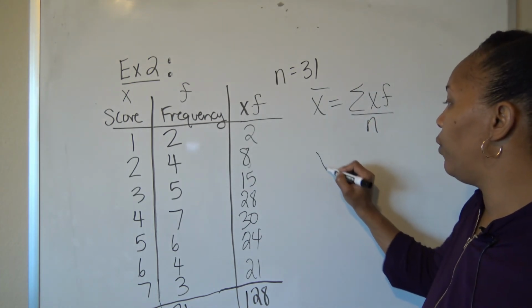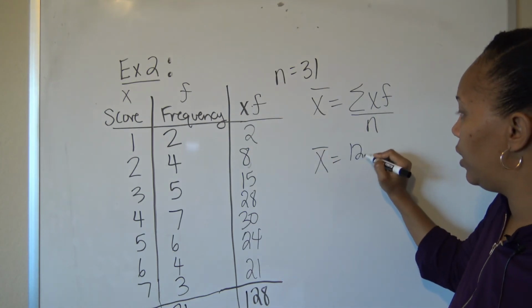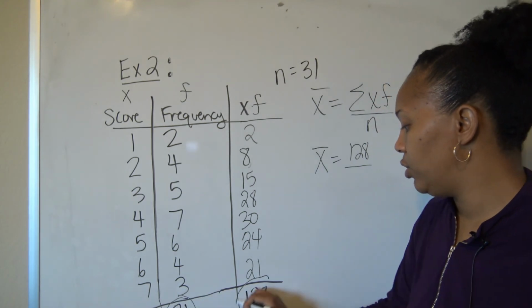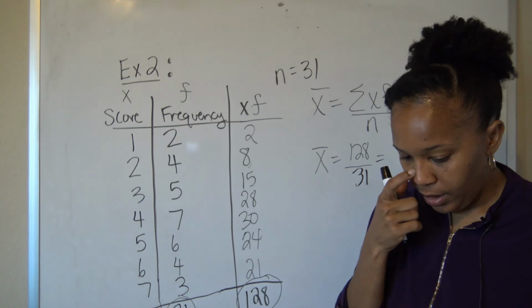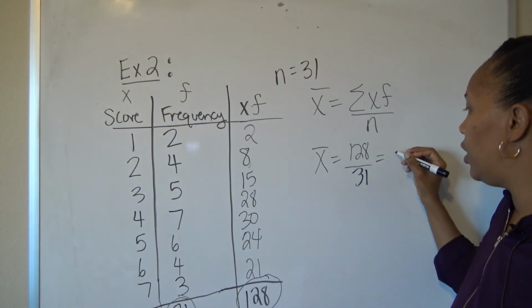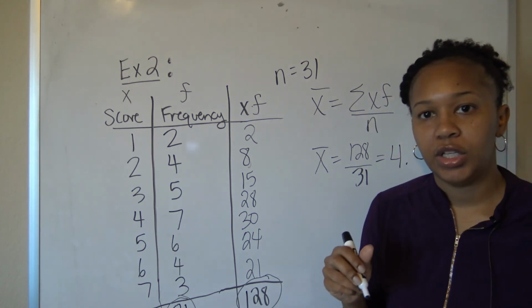And so now the formula for the mean will be the sum of all of these, which is the 128, divided by the n, which is how many total you have. So you're dividing these two numbers, which is 31. And when you do 128 divided by 31, you get 4.12 and some more numbers. I'm going to round it to the nearest hundredth.